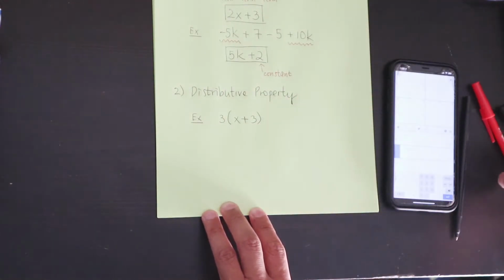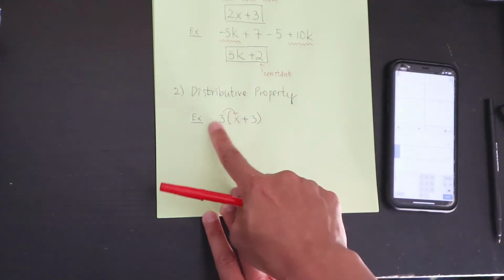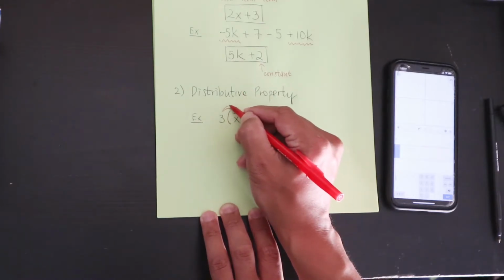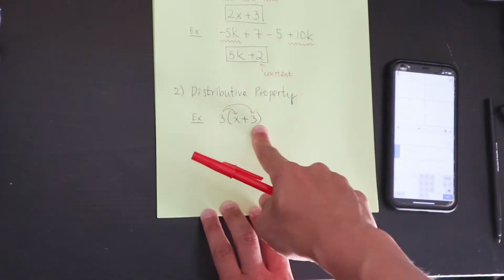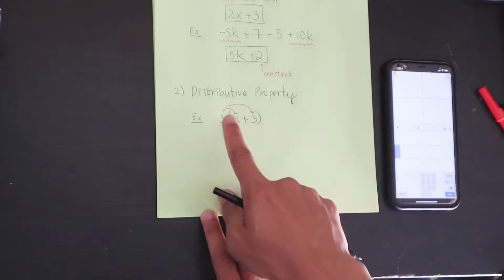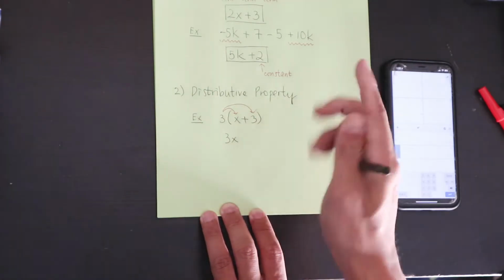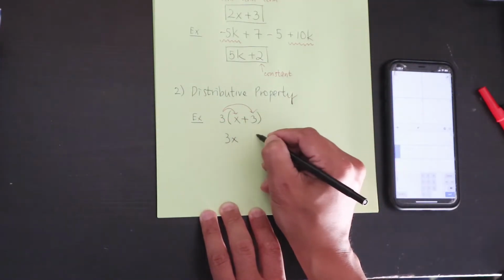Back in the day, you multiply the 3 with the first term in the parentheses, and you multiply the outside number with the second term in the parentheses. Every time you see an arrow in this class, it means multiply. So 3 times x is 3x, and then 3 times 3 is 9.